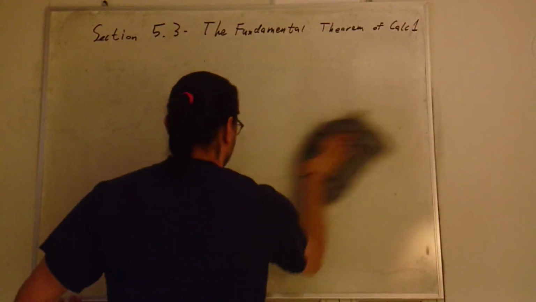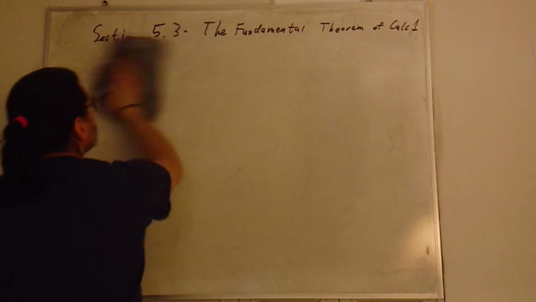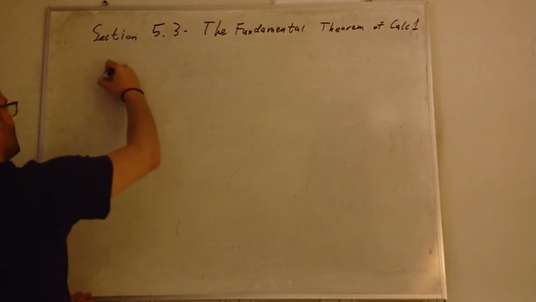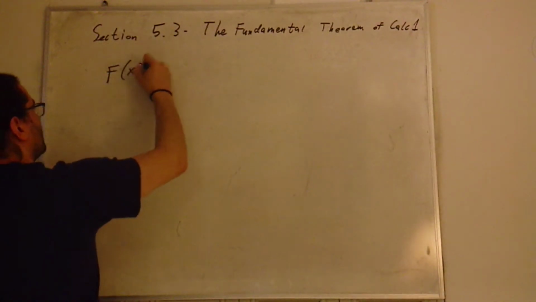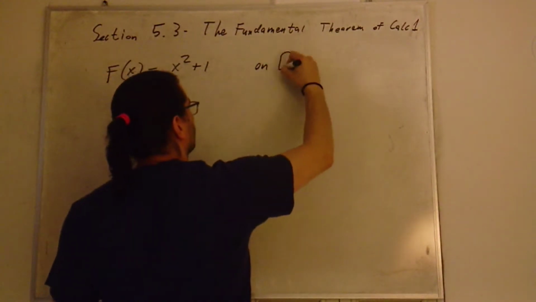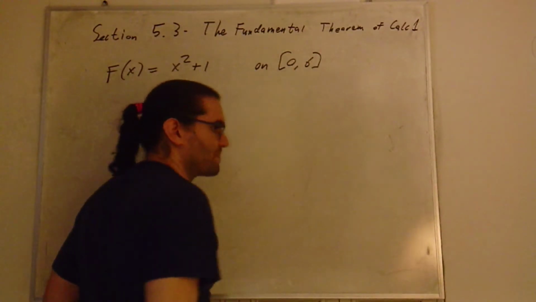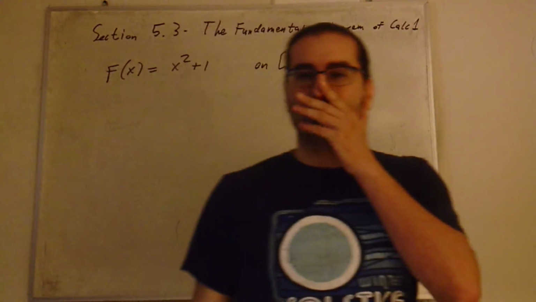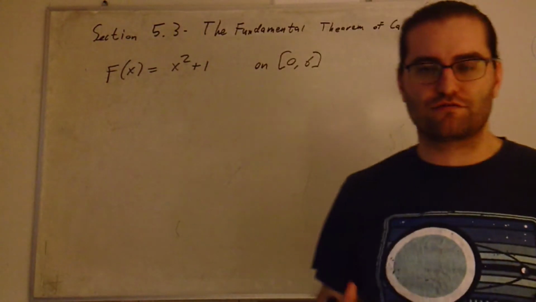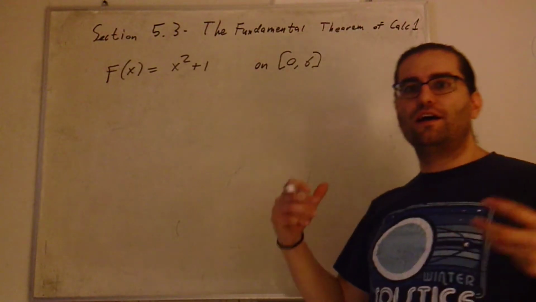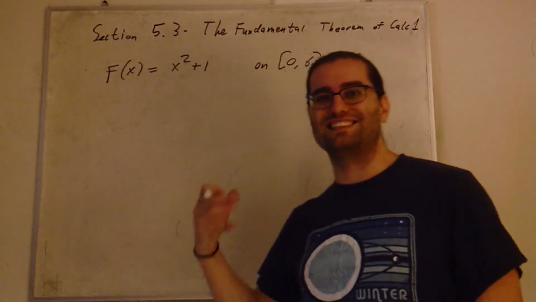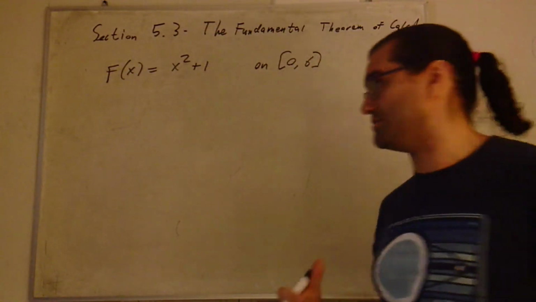In our videos on section 5.1, we spent a lot of time working with this function x squared plus 1 on the interval from 0 to 6. And we got some increasingly accurate estimations for the area under this curve. I'm coming back to this because now we have the possibility to find the exact area under this curve, and I want to do it.